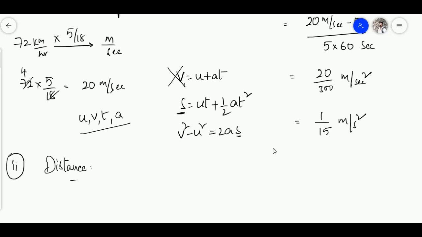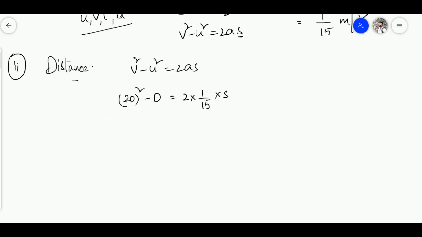You can use any of these 2 equations, so I just want to try with the third one first. v square minus u square equal to 2as. We have already converted the velocity, right? So 20 square minus 0 equal to 2 into 1 by 15 into s. Now I have to find s. 400 equal to 2s by 15.